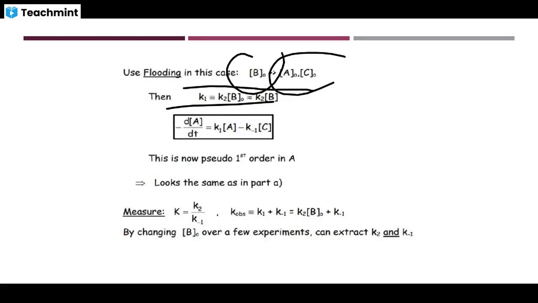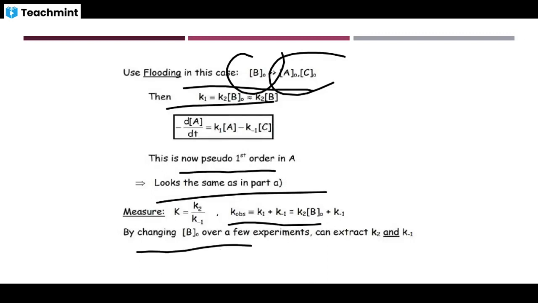Okay, this is now a pseudo first order reaction in A. Looks like the same on A. Okay, measure K equal to K2 divided by K minus 1. K observed equal to K1 plus K minus 1 equal to K2 B naught plus K minus 1. By changing B naught over a few experiments, you can extract K2 and K minus 1.